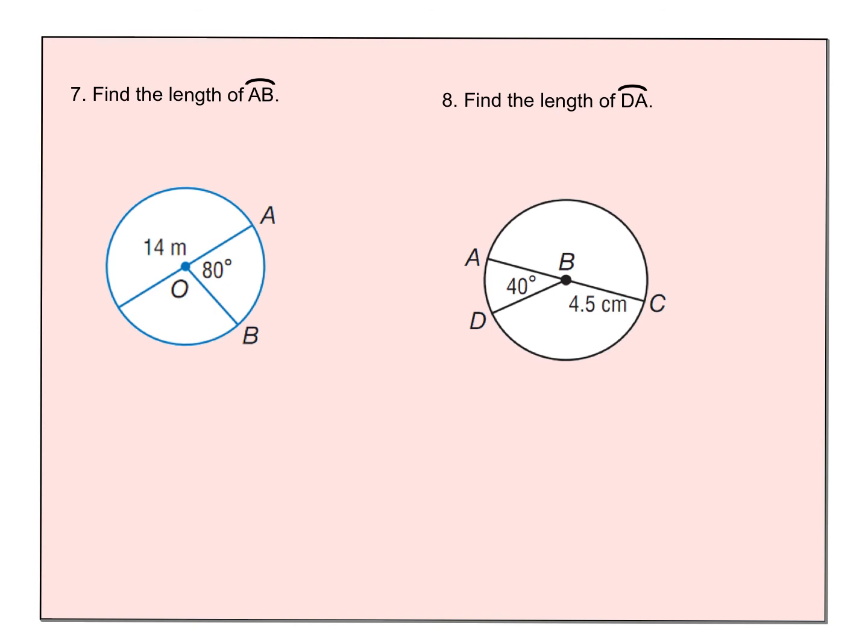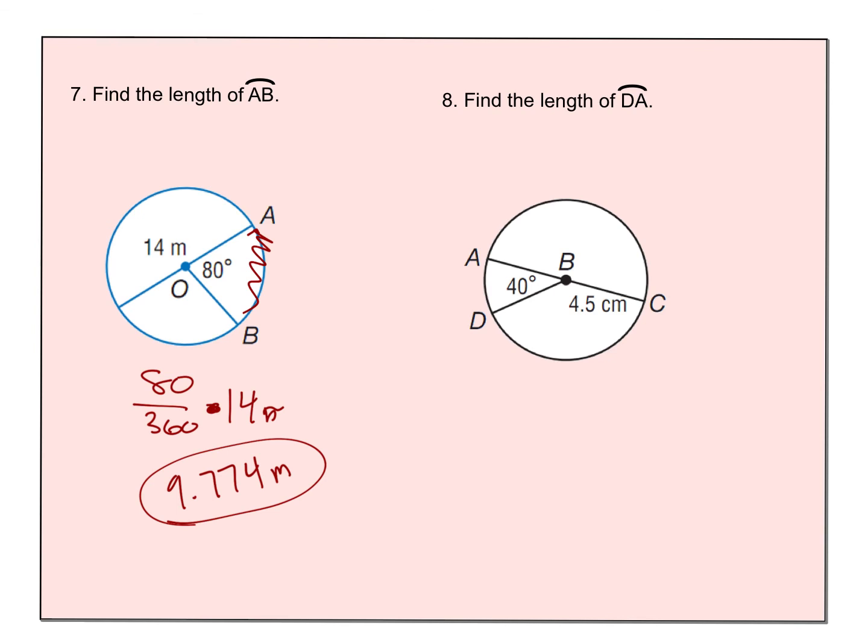A couple more examples here quick. So A to B, you go 80 over 360 times 14 pi. So 14 pi times 80 over 360, you're going to get 9.774. That's your answer. Here for number 8, you're trying to figure out dA.